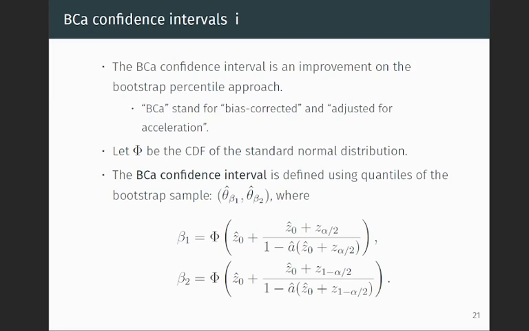And then the second level of quantiles, beta 2, is similar, but instead of z alpha over 2, we have z 1 minus alpha over 2. So z alpha over 2 and z 1 minus alpha over 2 are the critical values from a standard normal. z0 hat and a hat I'll define on the next slide.